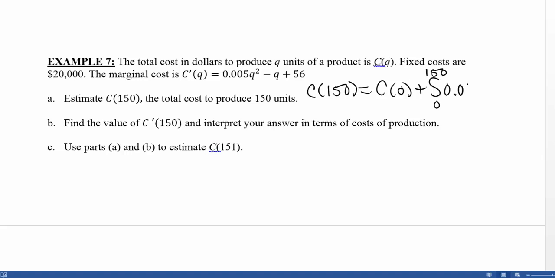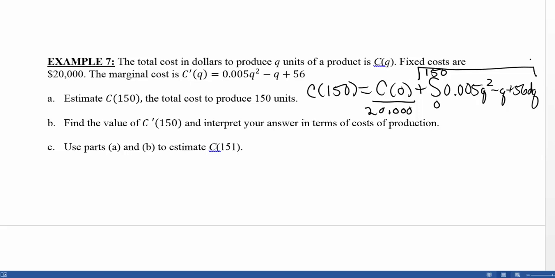So the integral of 0.005 Q squared minus Q plus 56 dQ. So, do we know all these numbers? Well, we know that C of 0 is 20,000. That's our fixed cost. And we can get our variable cost by plugging this function into our calculator to get the area under the curve.